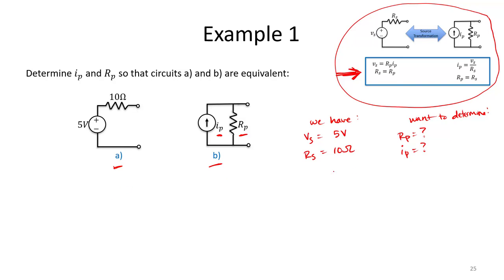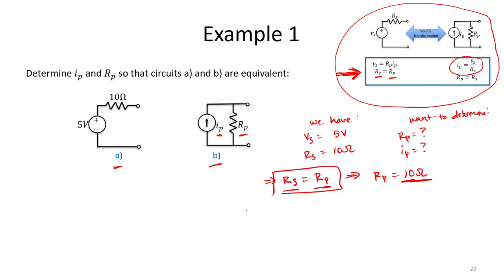What would our parallel resistor need to be in order to satisfy the equations shown? This is actually one of my favorite equations we cover in the class because it's so simple. By source transformation rules, the series and parallel resistors must be equal resistance values, so that means our parallel resistance must also be 10 ohms. How about our current source?